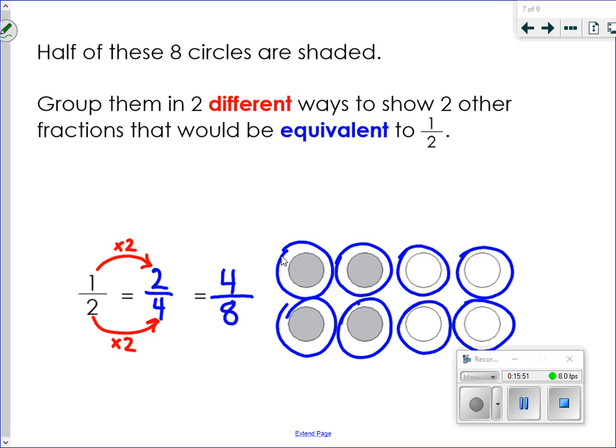What have I multiplied 1 by to equal 4? Times by 4. So did I do the same in the denominator? 2 times 4. Does that give me 8? Yes, it does. So I have proved that 2 fourths and 4 eighths are all equivalent to 1/2. They would cover the same amount. They would be shown with the exact same picture.